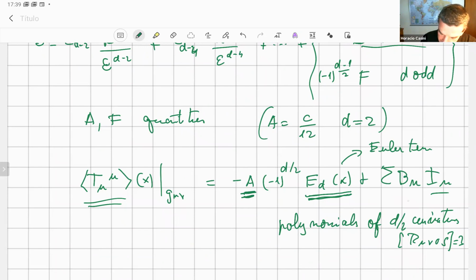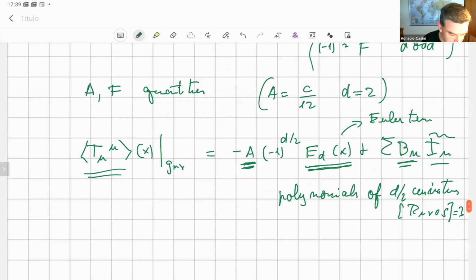So these other coefficients multiplying other polynomials of the curvature do not enter into the entropy of spheres and do not enter into the irreversibility theorems.